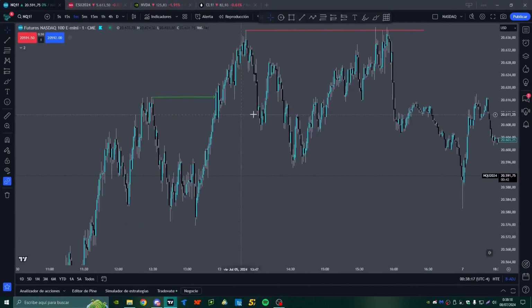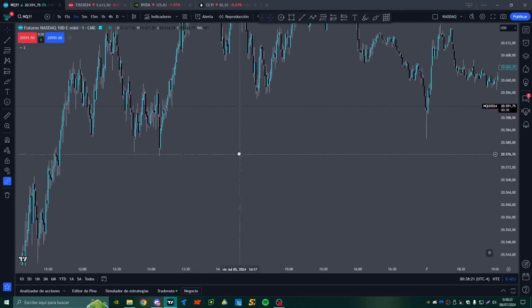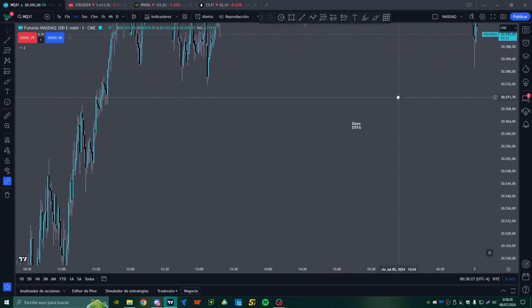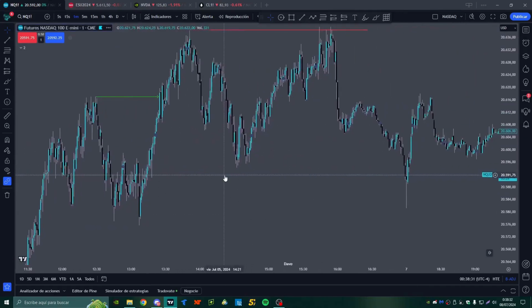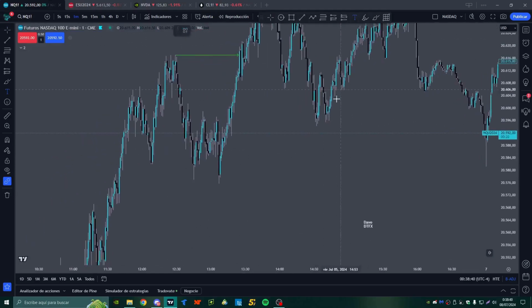Before showing the examples, I mentioned something else that I forgot to tell you in the last video. Dave is the author of DTFX. He gives me the impression that what I call order flow, which is my way of understanding order flow and reading the price and how that double bottom is formed, he calls it MMS.